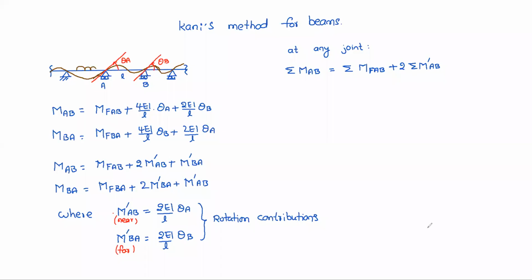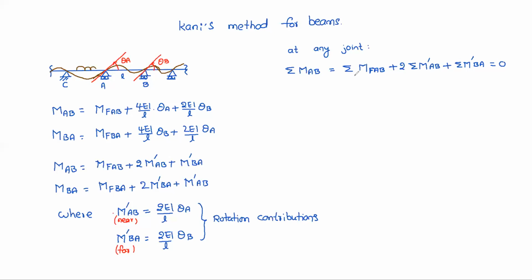So 2 times of sigma M dash AB, that means 2 times of sum of near end contributions plus sigma of far end contributions. So how many for a joint? Suppose at A joint B is far end, and if this is C, then C also is far end. Like that, sum of the far end contributions, so must be equal to 0.